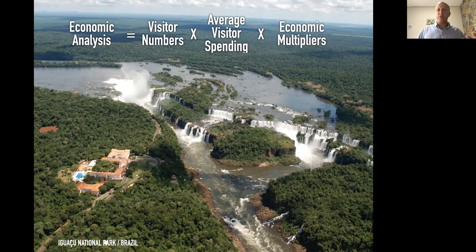Also, we multiply these numbers by the average spending of each visitor, to know how much money they spend in the economy, the direct effect of the visitors' numbers and average spending in the economy. And then we use economic multipliers to measure the effects of this money circulating in the local economy. This is basically what economic analysis does.